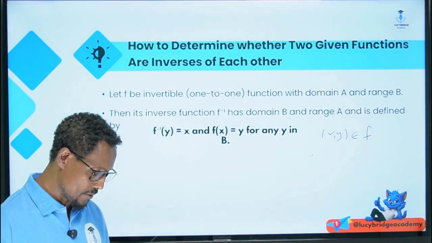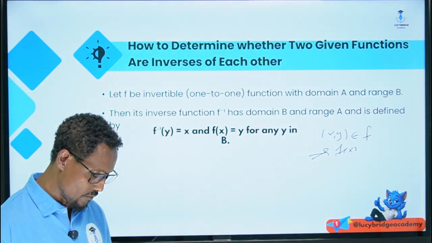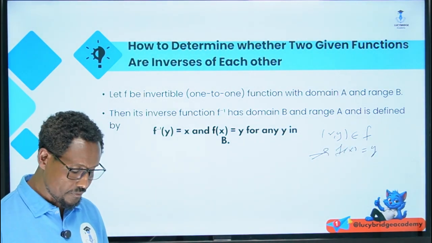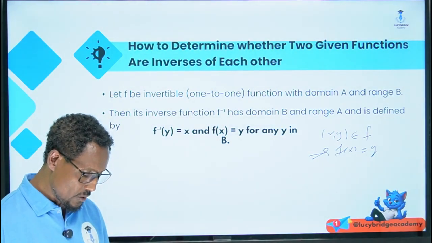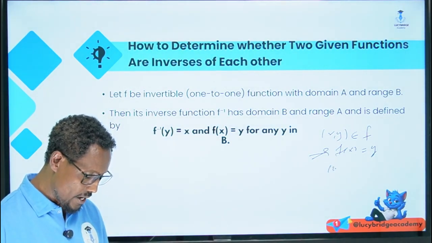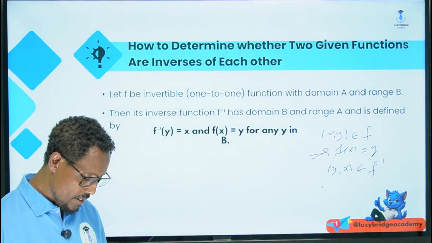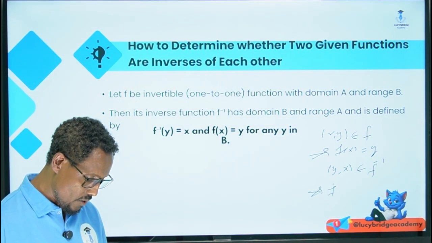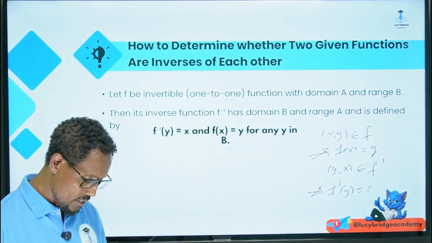the function f, this implies that f of x is equal to y. And (x, y) is an element of f means (y, x) is an element of f inverse. This implies f inverse of y is equal to x, right?